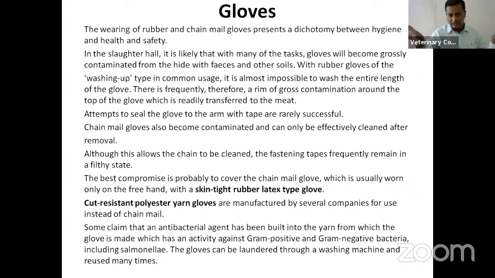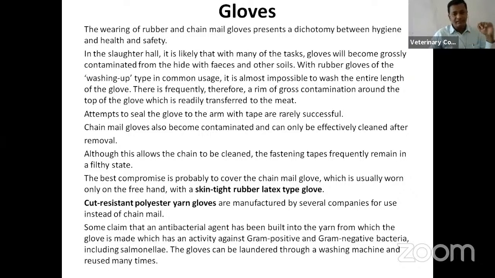Rubber gloves are routinely used at all places. Chainmail gloves are used especially at places where very sharp knives are used. At times, due to the constant R&D in this hygiene area, cut-resistant polyester iron gloves are also available.